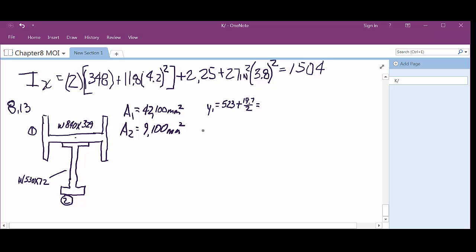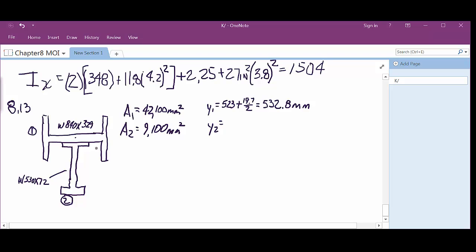It would be a mistake on your part too, because you're going to show your work, right? In all cases. Okay, so then that turns out to be 532.8 millimeters. Y1. Everybody clear with how we got that?